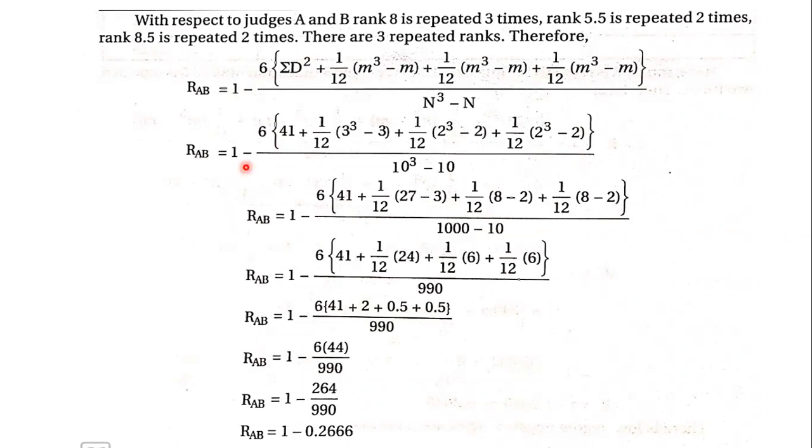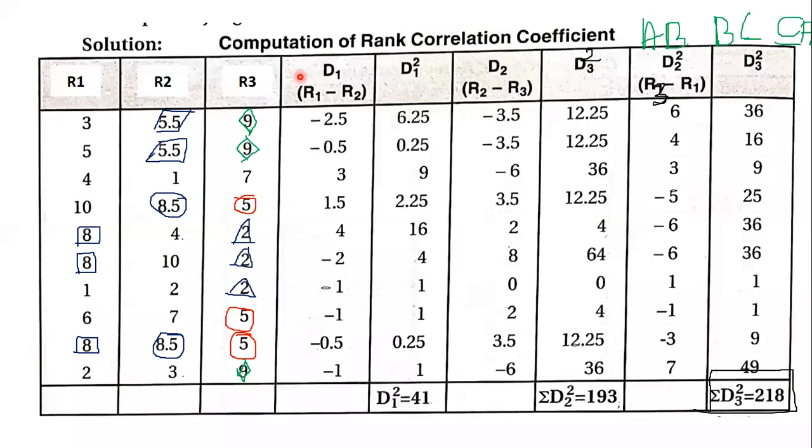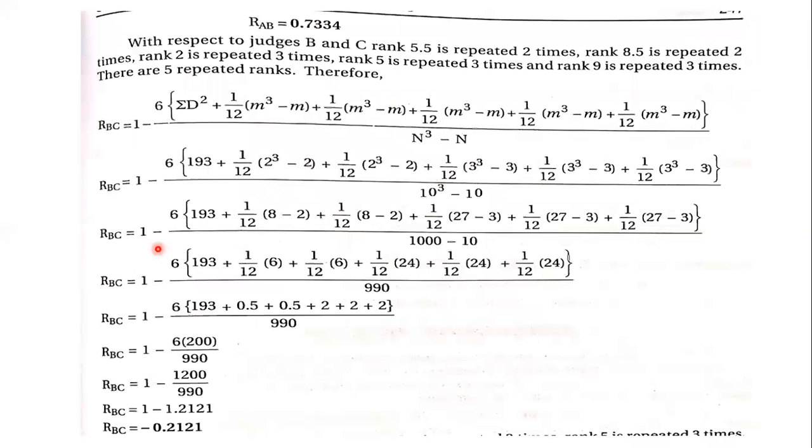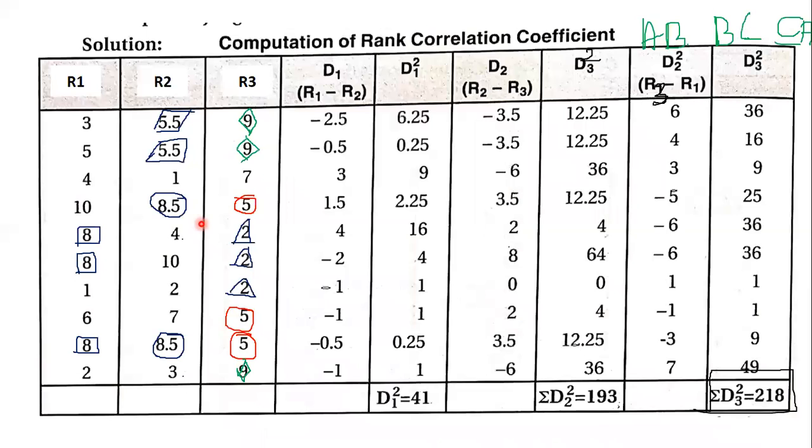So 1 minus sigma d square. Now what is the sigma d square? Now that is the major thing you have to understand. So here first is A and next is B, correct? So what is d1 square? D1 square? It is 41. So consider this for A and B. Now if you see here D also, A and B we are comparing and we are getting the answer.